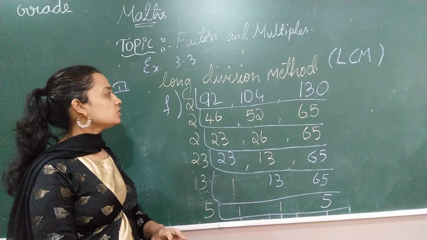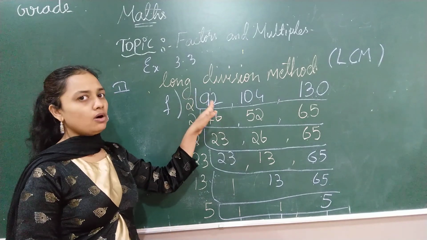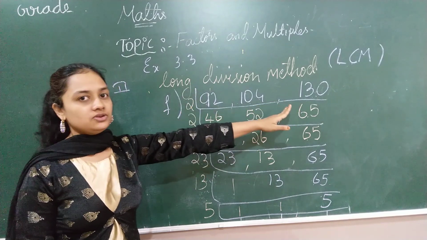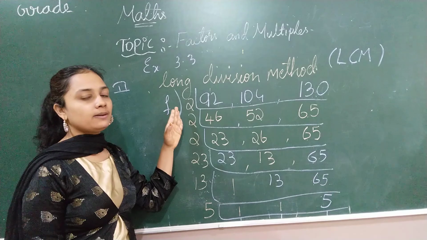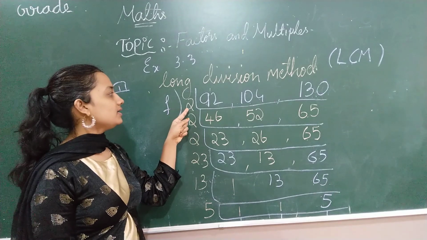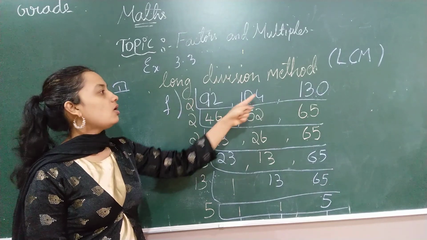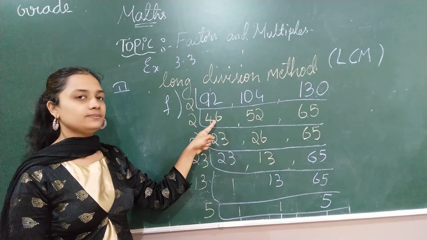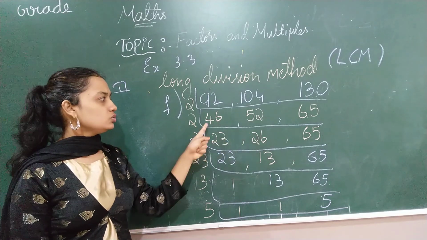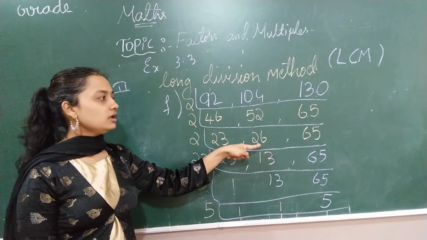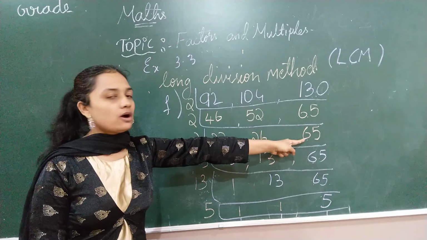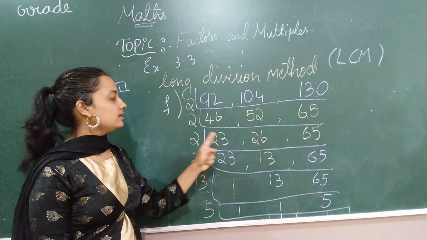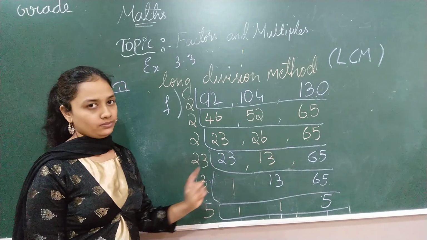So let's do a short recap. I took all the 3 numbers given in the question and started prime method division with all the 3 numbers at a time. First I divided with 2 because all are even numbers. It can be divided by 2. So I divided it. Next I can divide only 2 numbers with 2. I divided it. Which is not dividing, I wrote it down as it is. Next also I divided which I can divide, the others I wrote the same thing down.